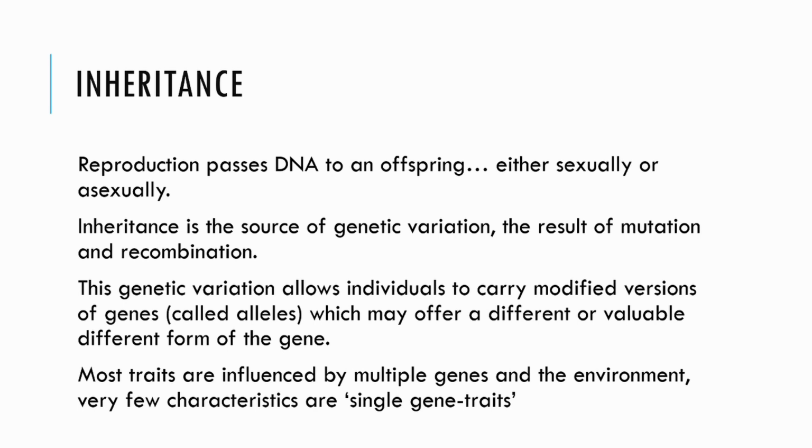Like we mentioned, most things are influenced both by the genes and the environment, and for the most part, things are determined by many genes working together to give you the end product you see. For the sake of this class, we're going to keep it relatively simple, and we're going to focus on a single gene trait process. But just know for future classes that most things have multiple genes working together to create the end result.